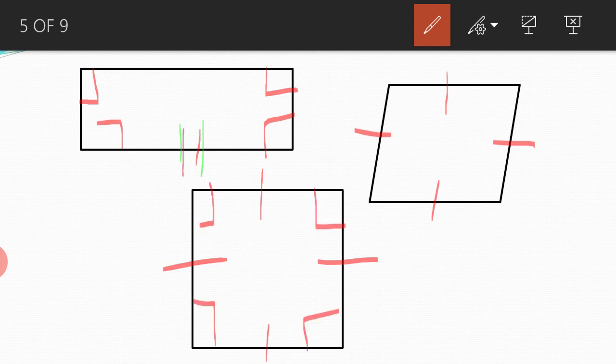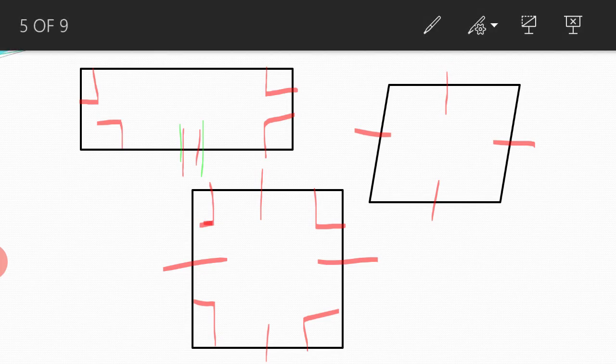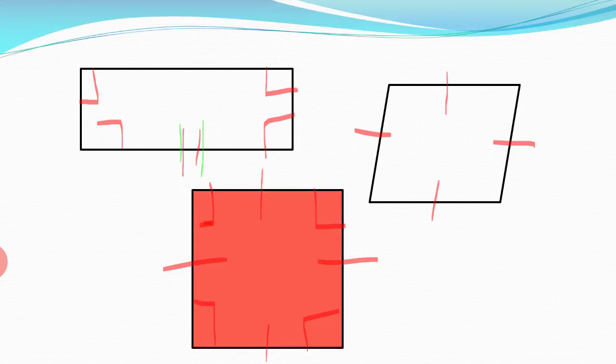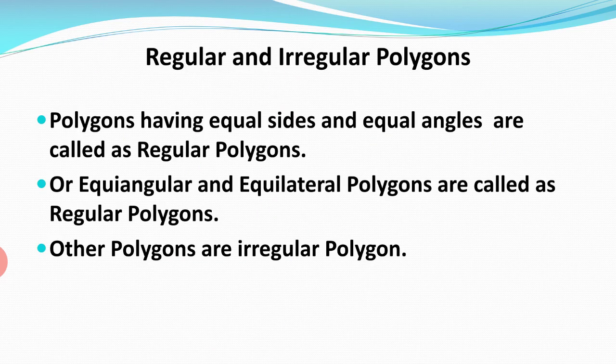Such a figure in which all the sides and all the angles are equal is called a regular polygon. So we say a square is a regular polygon or regular quadrilateral. So what are regular polygons? Polygons having equal sides and equal angles are called regular polygons, or in other words equiangular and equilateral.